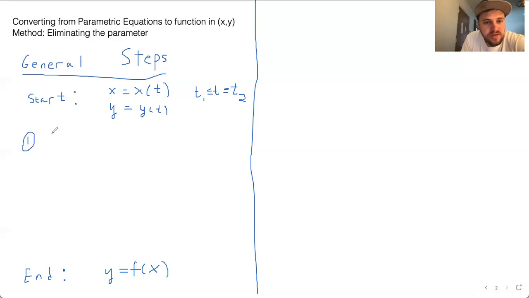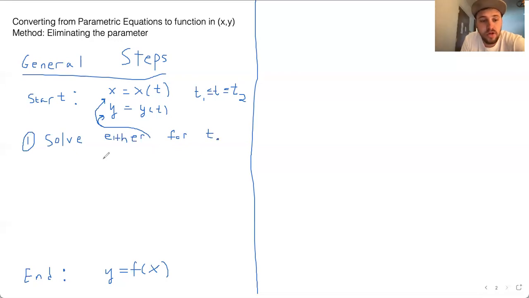The first step is to solve either of these for t explicitly.